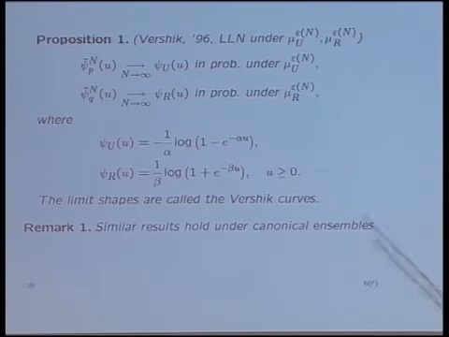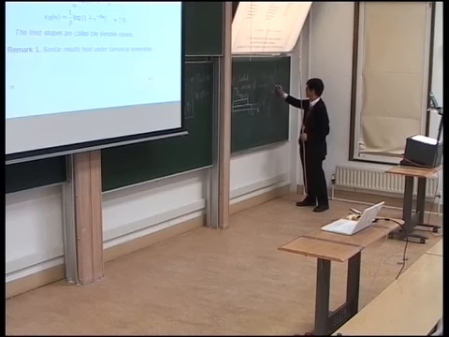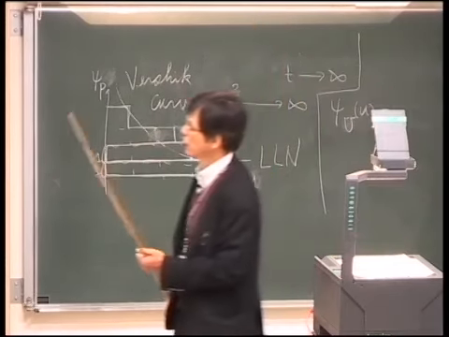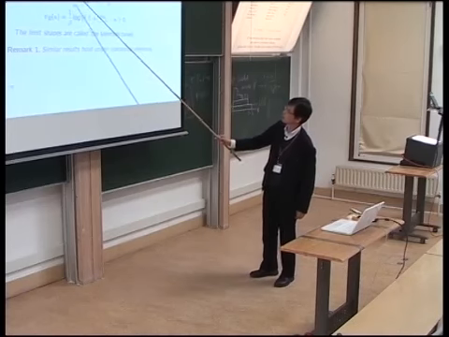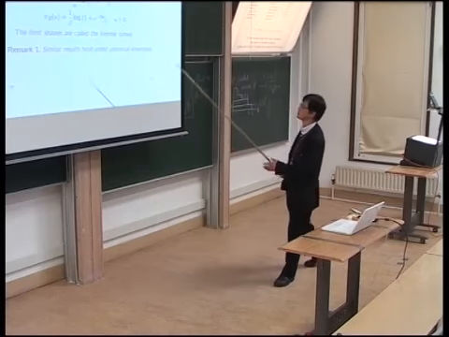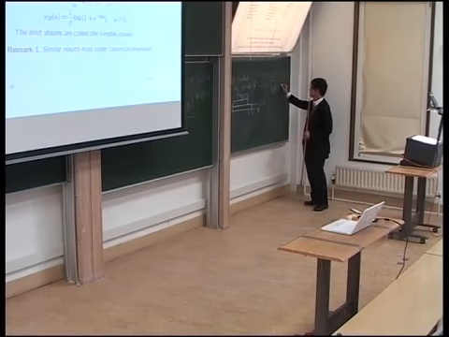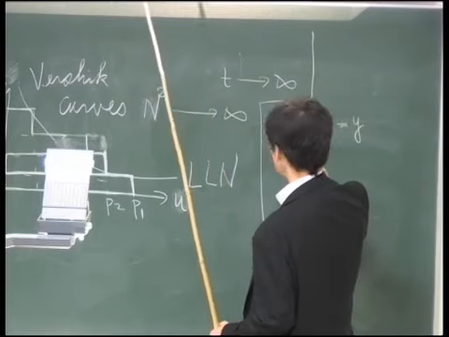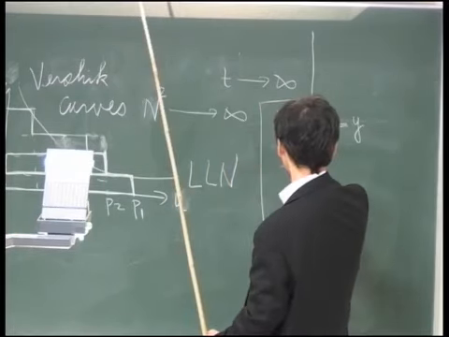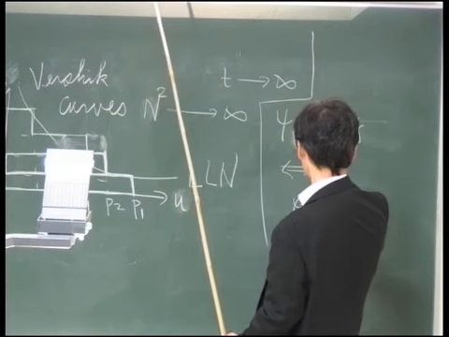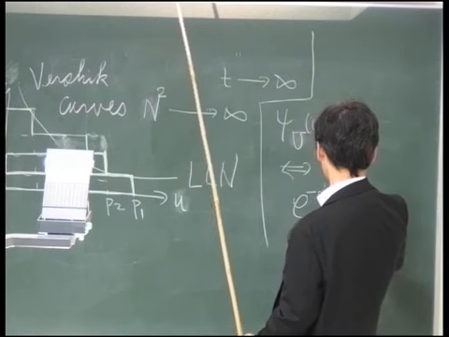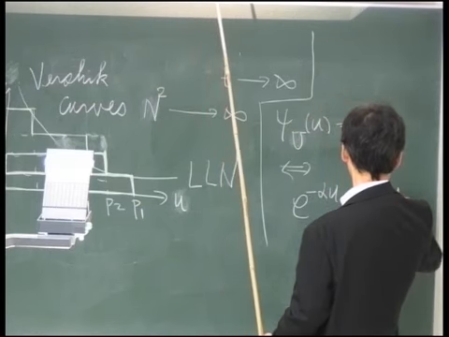This psi, the uniform statistics, is 1 minus 1 over alpha times log of 1 minus e to the minus alpha u. If you write this as y, then that is equivalent to e to the minus alpha u plus e to the minus alpha y equals 1.